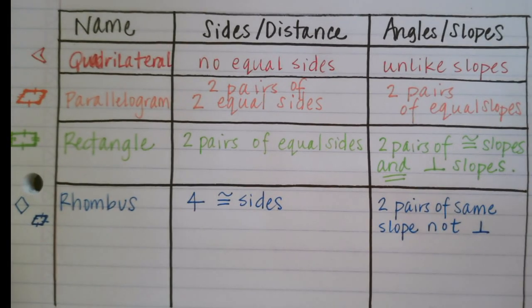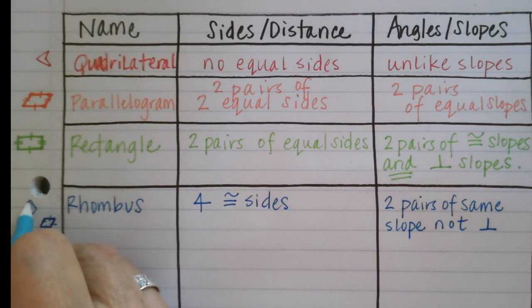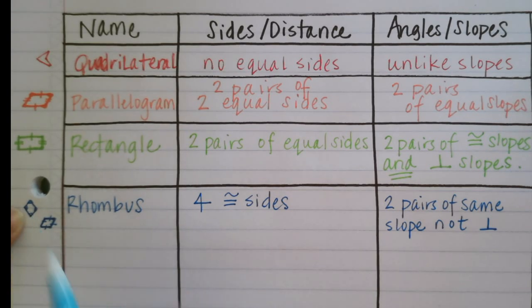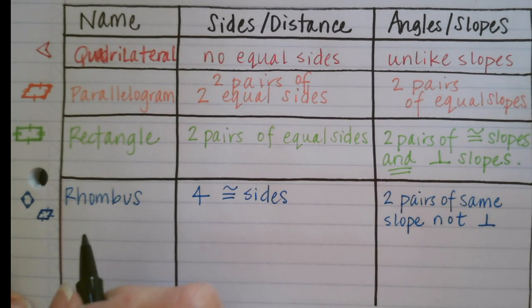Okay, so we don't want them to make right angles on a rhombus. So we know that those 2 angles are going to be the same, and then these are going to be the same as that, and the sides are parallel, but they're not right angles. Okay? All right, so next up, let's do square.